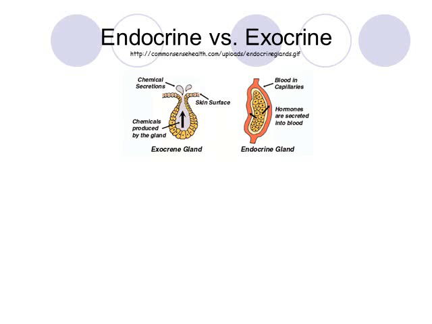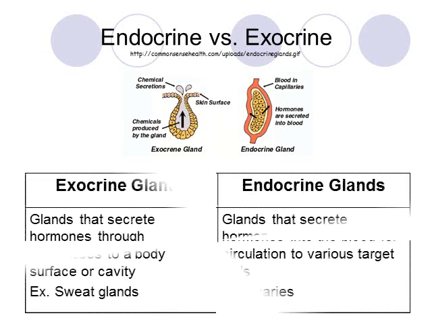The gland on the right is an endocrine gland, and we can see that the gland itself is surrounded by blood vessels, showing us that the product of that gland is going to find its way into the bloodstream, and the hormone is going to travel the bloodstream until its target organ is found.